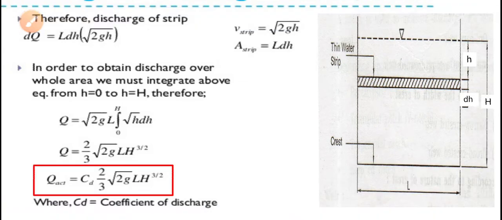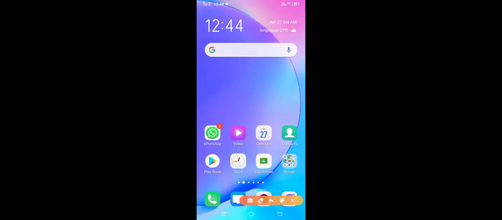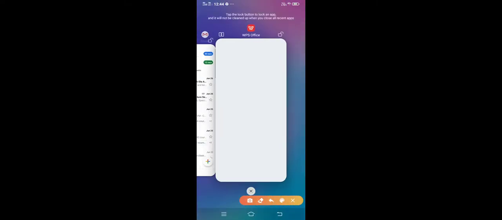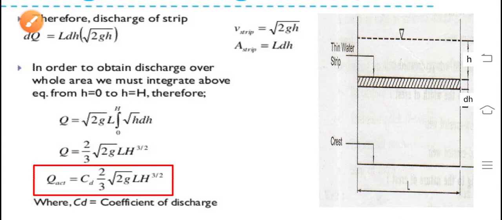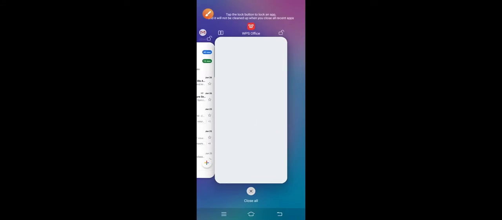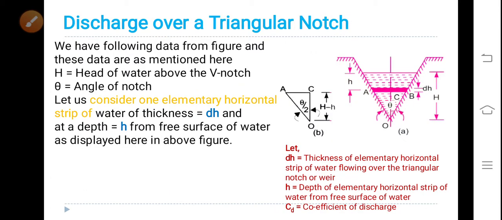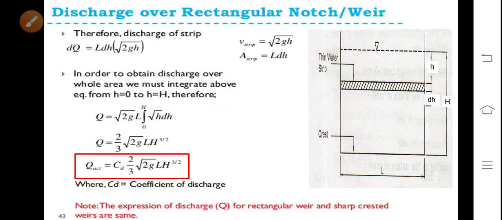Let us consider a rectangular notch or a weir, wherein let us consider a small elementary water strip, as you can see here, of depth dh, where small h represents the height from the water surface up to the elementary strip.